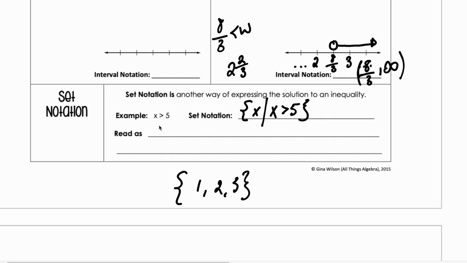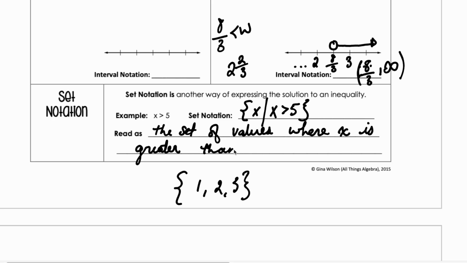So you would read this as the set of values where x is greater than 5. Okay.